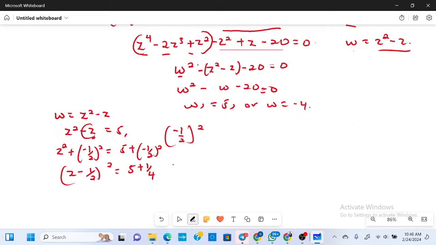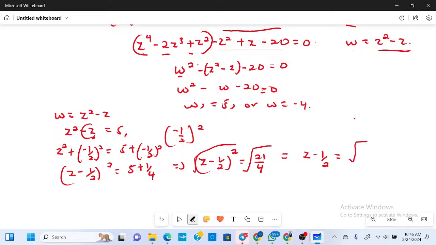At this point, I'm left with simplifying this further. Z minus half all squared is equal to 4 times 5 is 20, plus 1, so 21 out of 4 on the right side. I want to find Z, so I need to remove this square here by taking the square root on both sides. And that will give me Z minus half is equal to square root of 21 over 4.